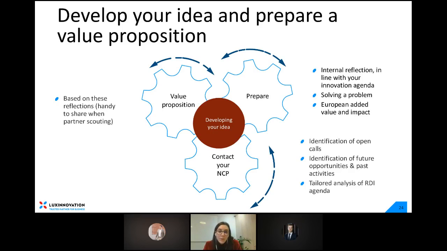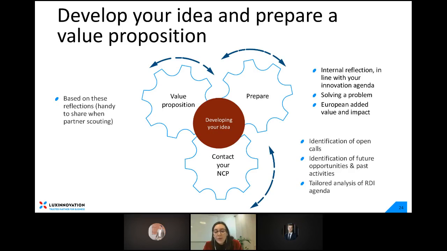So the value proposition is a rather short document that summarizes all the information someone outside your company needs to know to understand where you are at, what you can bring to the table, and why you want to join a consortium. So in that document, you should briefly introduce the company with the contact details and the strengths.